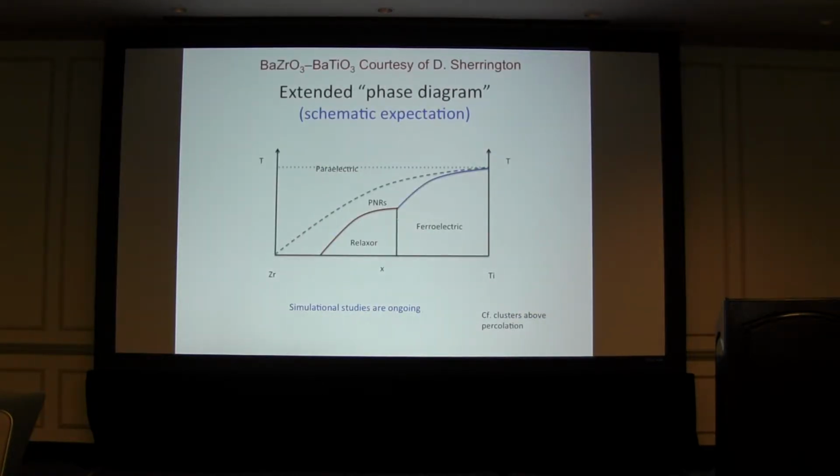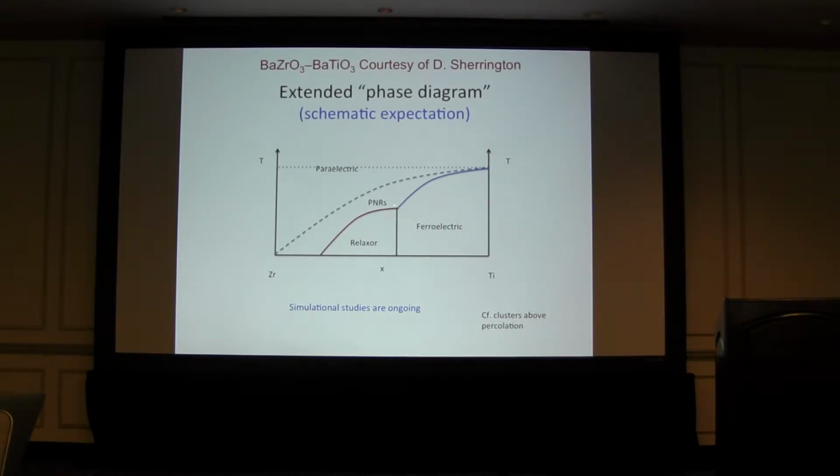And he drew this diagram. I apologize that this faces the opposite direction from all the diagrams I've calculated, but you can invert it in your head. It shows a ferroelectric transition and what he calls a PNR phase, sort of an analogy to a superparamagnetic phase, and then a relaxor phase here.